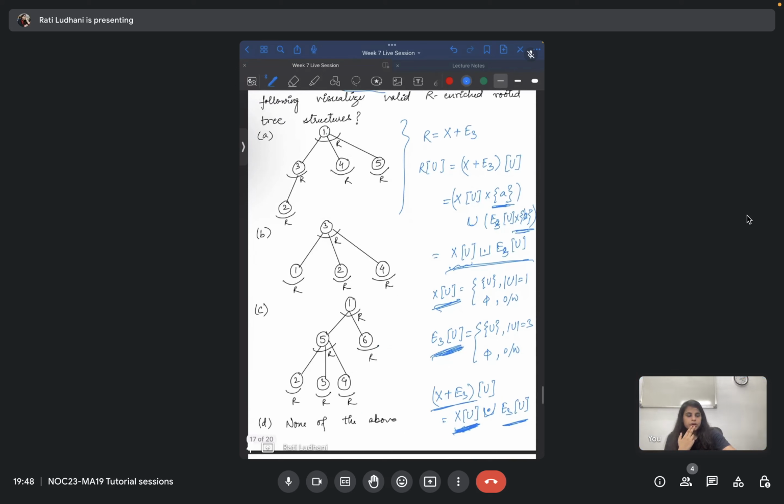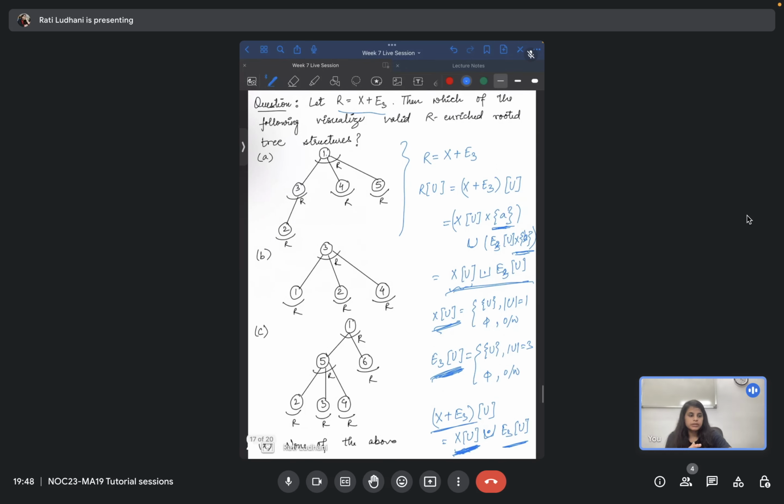Great. So now, can you tell me what can go wrong in A? Can there be a valid R enriched rooted tree structure? These are R structures. Now from the definition, what do you know?